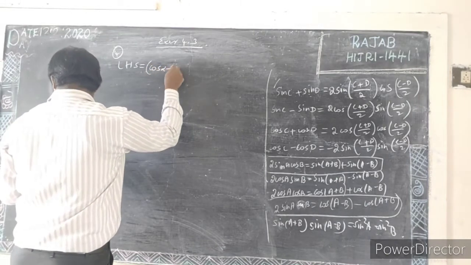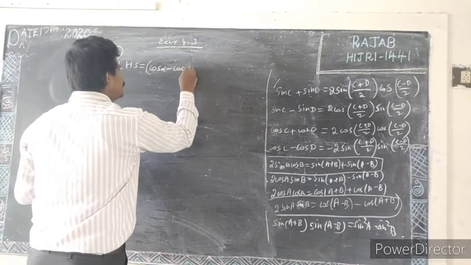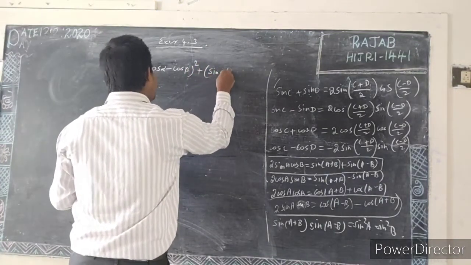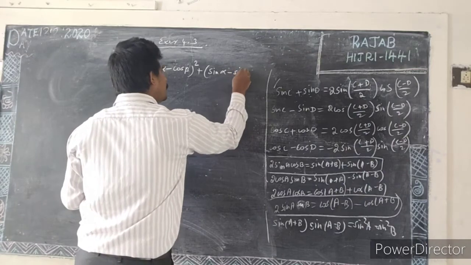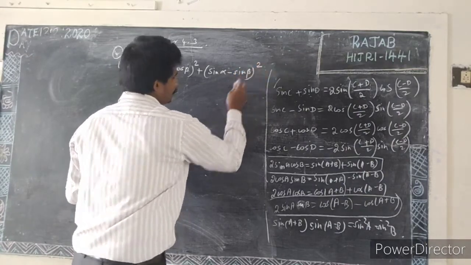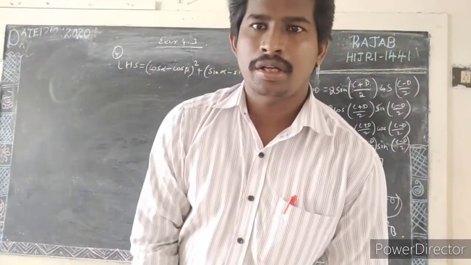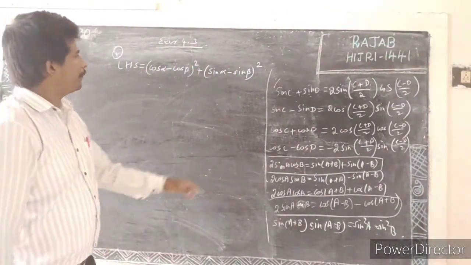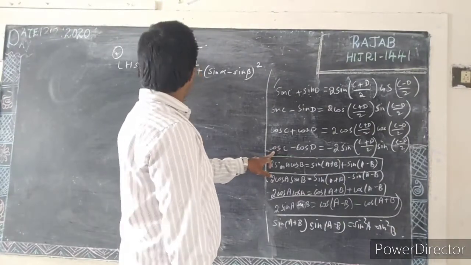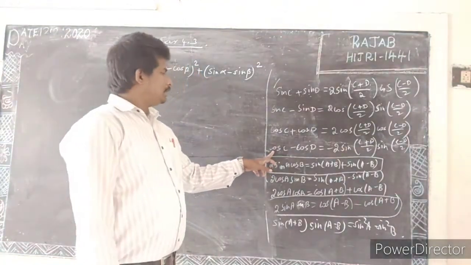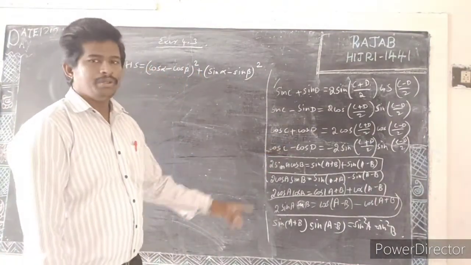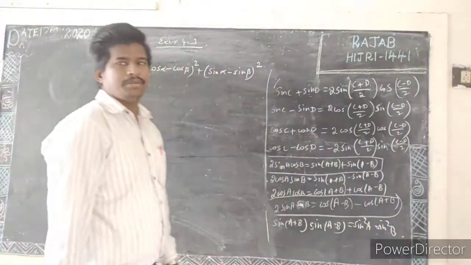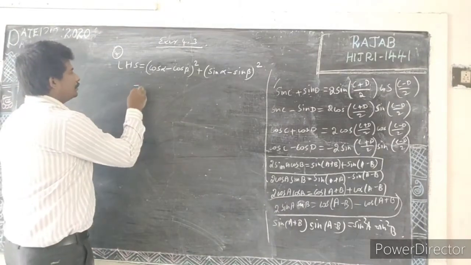(cos alpha minus cos beta) whole square plus (sin alpha minus sin beta) whole square. We can prove this by using this identity, this formula: cos C minus cos D equals minus 2 sin (C plus D)/2 sin (C minus D)/2.